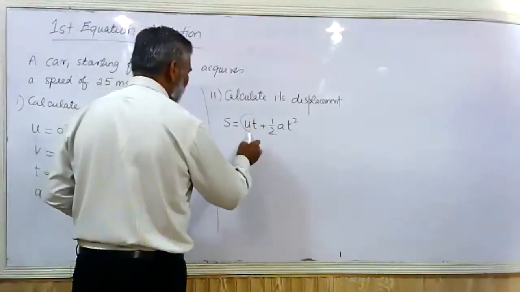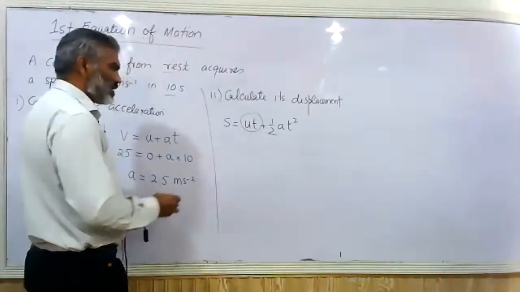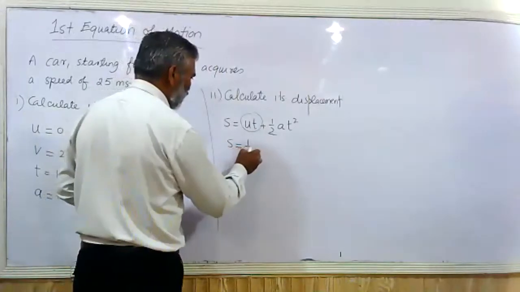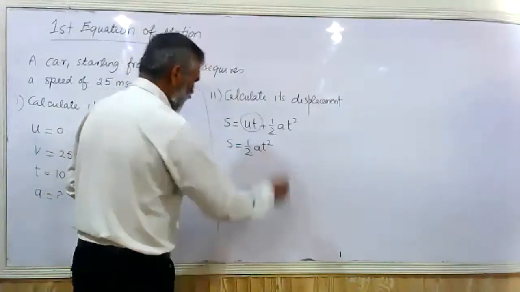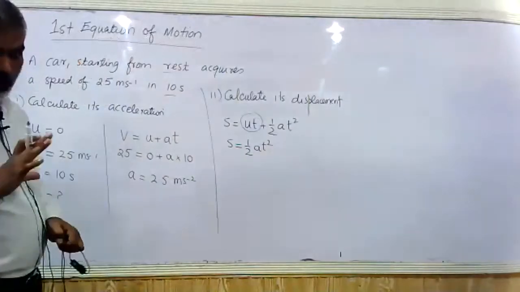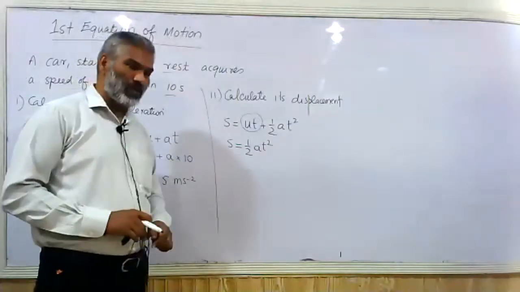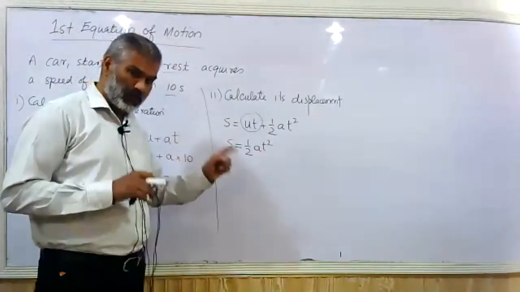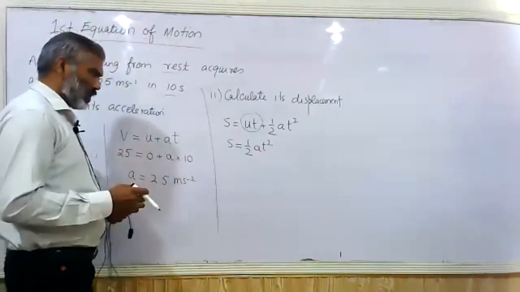So this term disappears and we are left with a simpler form of this equation. So remember, in all those situations in which the initial velocity is 0, finding displacement with the help of the second equation is particularly useful and convenient.